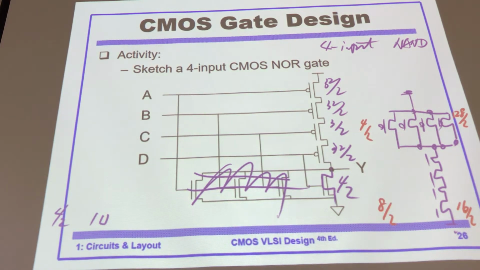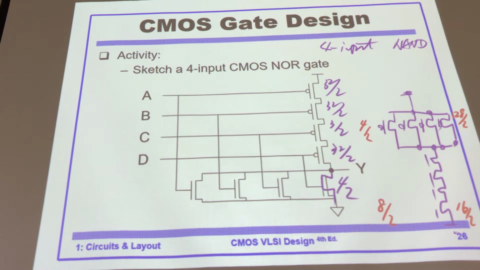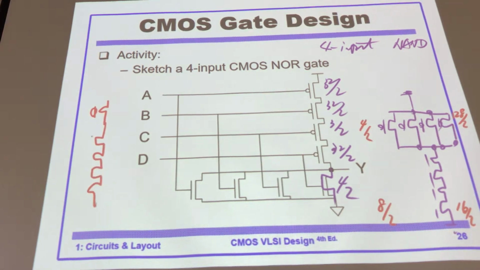Okay, let's try. If there's a parallel connection, we only consider one MOS, right? So we are comparing 1 PMOS and 4 NMOS. And what's the starting point?